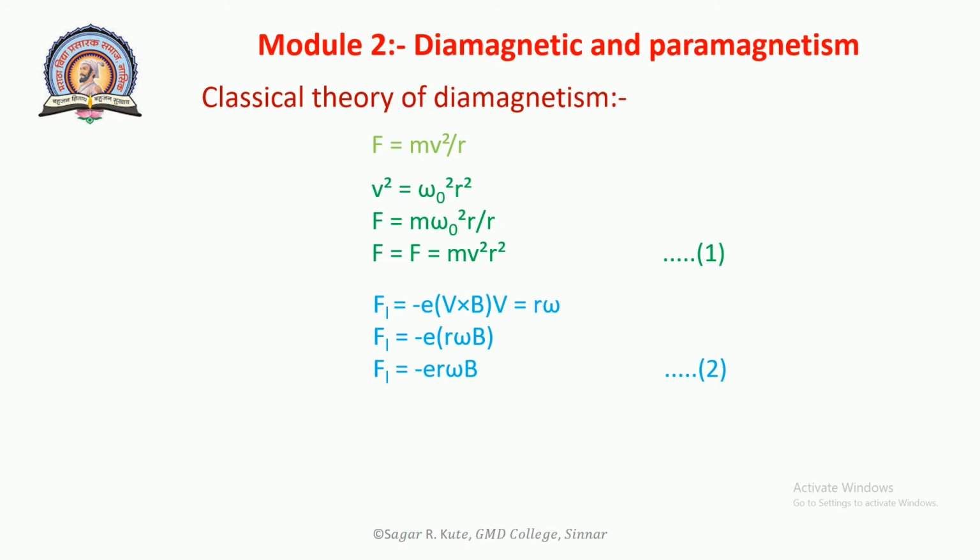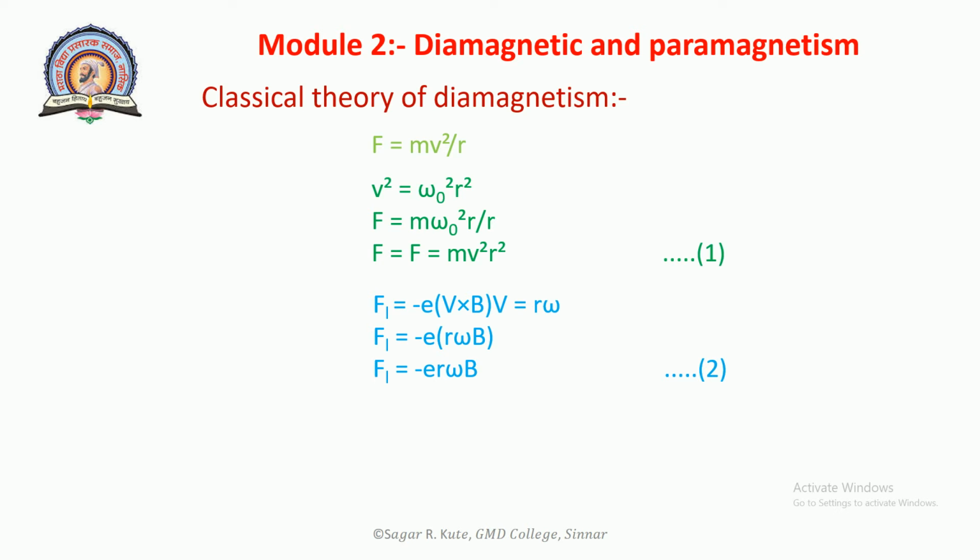V is equal to r omega, so Fl is equal to minus e r omega B. This will be equation number second, where B is perpendicular to r. This force changes the angular velocity and frequency of the electron from omega 0 to omega.